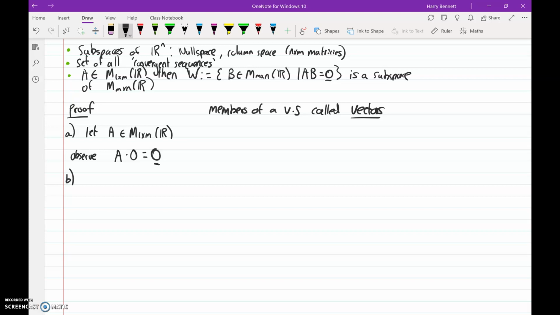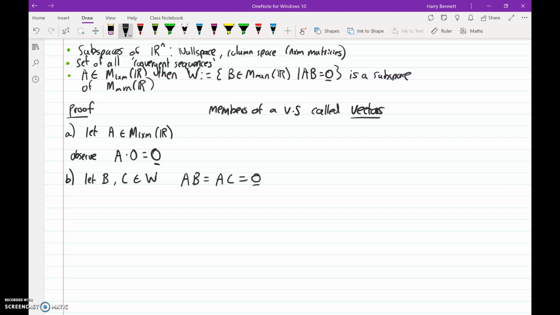Secondly, we need to prove that it's closed under addition, and this is also quite straightforward to prove. Let B and C be matrices which are members of W. This means that A times B is equal to A times C, which equals the zero matrix.